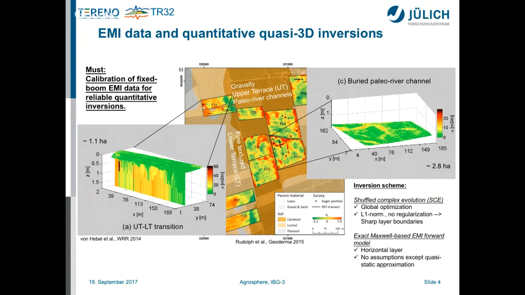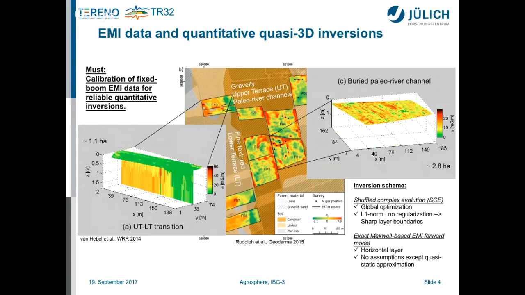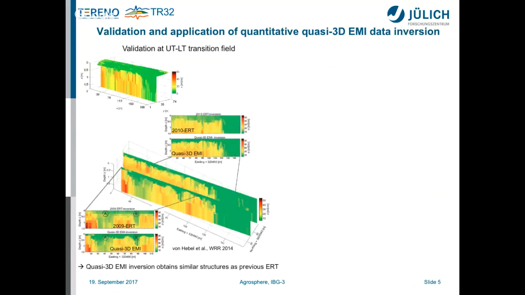So we also validated these large-scale quasi-3D EMI inversions. When we start at this transition field, we see older ERT surveys or campaigns that have been done there. That's again a 120 meter long line, which was recorded from here to here, starting in this gravelly zone and ending here.